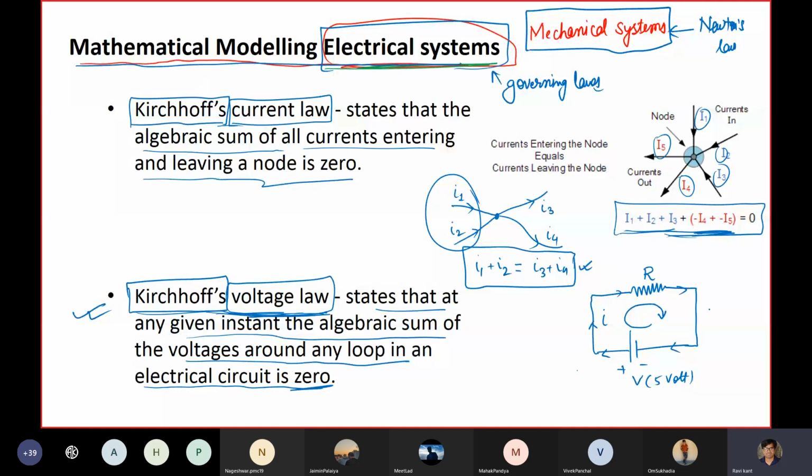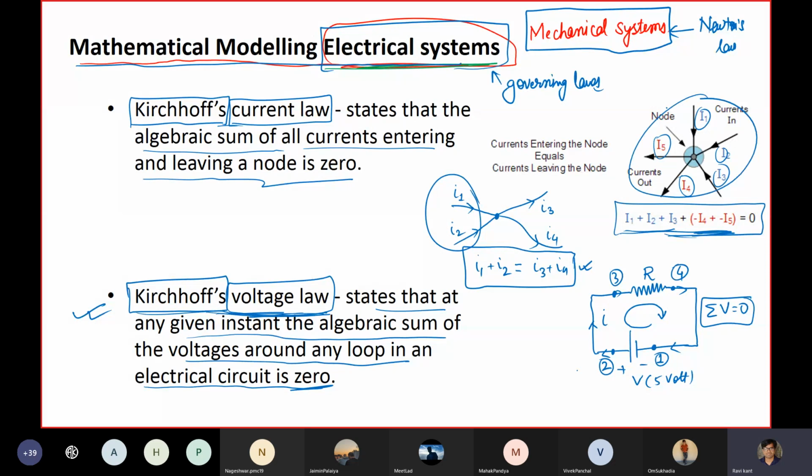Let's suppose I start from 1, I go to 2, this is your 3 and this is your 4. There are no junctions as such here. This is one loop. In complicated cases you may expect nodes, but here, just for the simplicity of stating Kirchhoff's voltage law, I'm writing this.